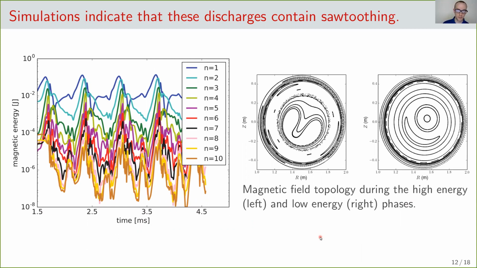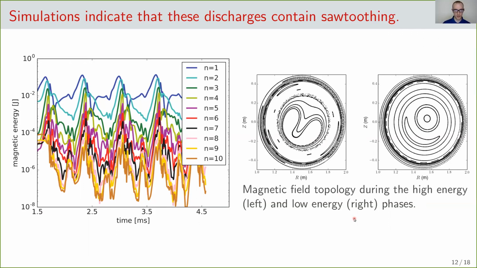This is a common phenomenon in tokamaks where you have some linear instabilities, in this case, on or inside the q=1 surface that grow over time, and then they non-linearly interact and relax back to a lower energy state.